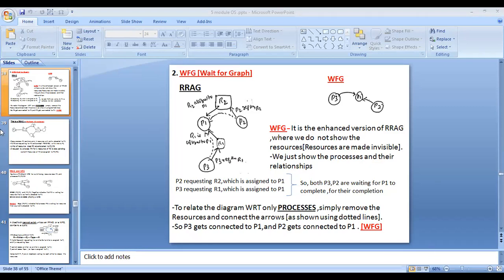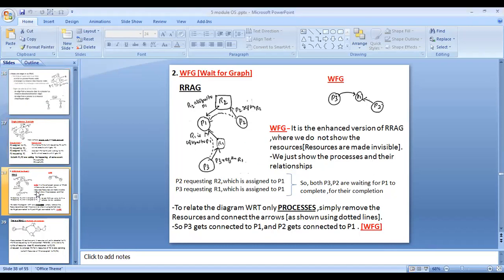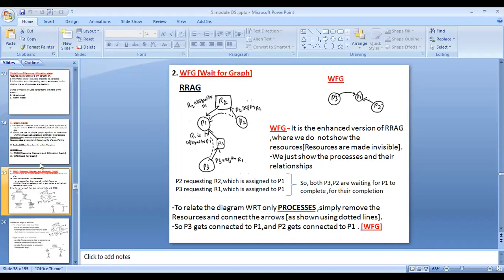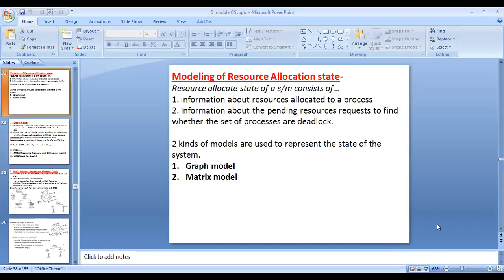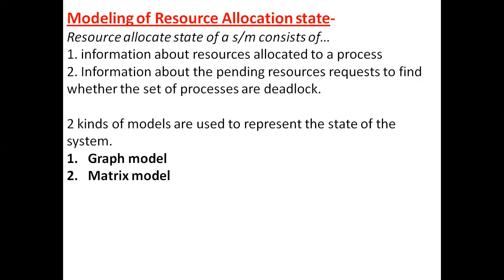So regarding module 5, in the last class we had seen the modeling of the resource allocation state of a system. Here we have two kinds of models to be used: the graph model and the matrix model, to represent the state of a system.